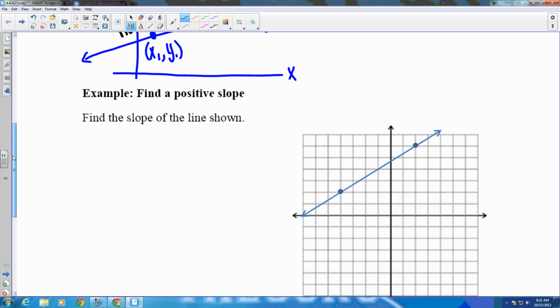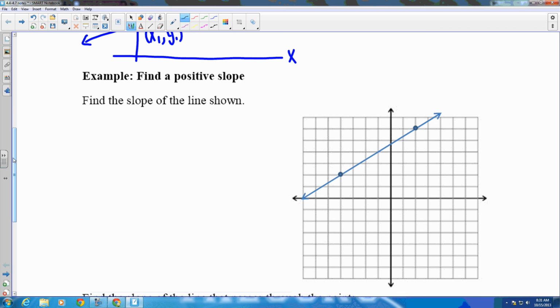Okay, now we have an example. Find the slope of the line shown. First, we should probably figure out what these points are. This is -4, 2, and this is 2, 6. So we can even count when we have a graph like this. What's our rise? 1, 2, 3, 4. What's our run? 1, 2, 3, 4, 5, 6.